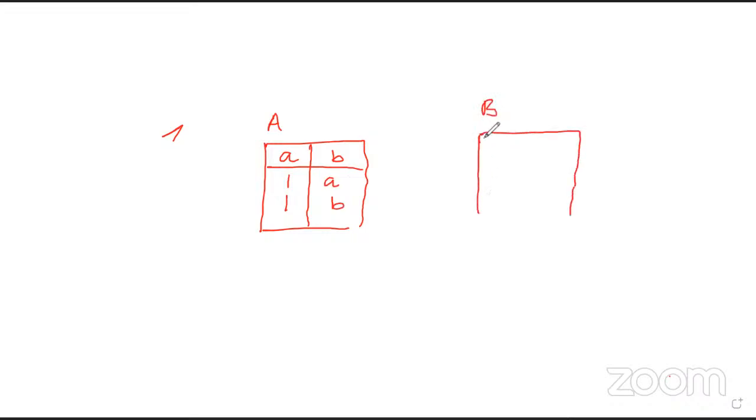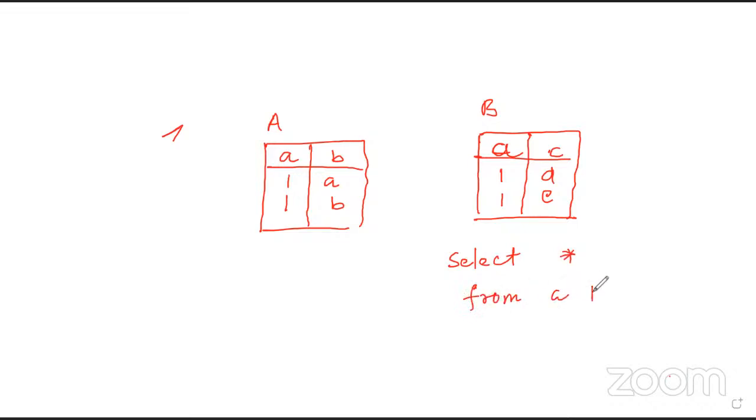Suppose this is a table A with rows 1 A B and 1 C, and table B with 1 D and 1 E. If we perform select star from A natural join B, tell me what is the output of this particular query.